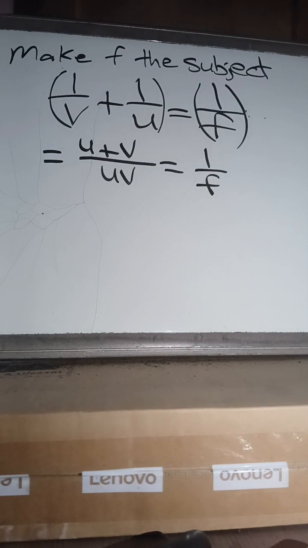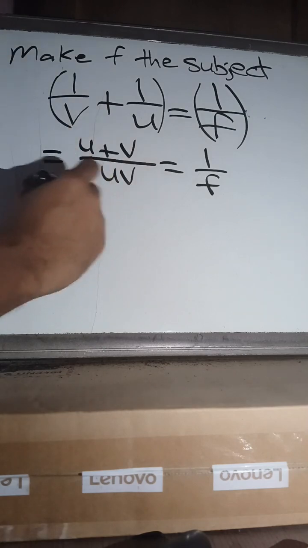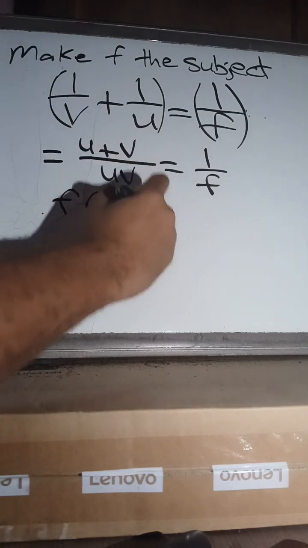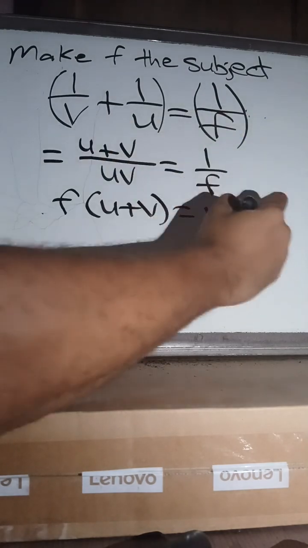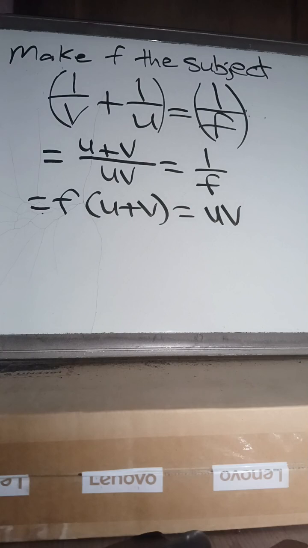You multiply F by up here, UV by here. So this part is going to be F equals U plus V, and UV times 1 is just UV. And you just divide both of them by U plus V.